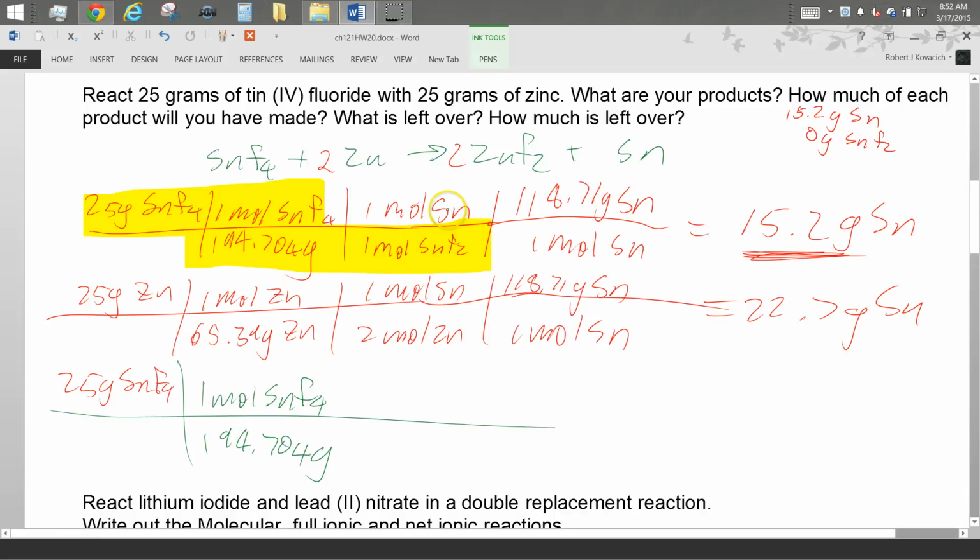This first one up here, if I've got 25 grams of tin 4-fluoride and as much zinc as I need, I can make 15.2 grams of tin. The bottom one is if I have 25 grams of tin 4-fluoride and as much zinc as I need, I can make how much zinc fluoride. So that'll tell me exactly how much of the 2 products I'm going to make.